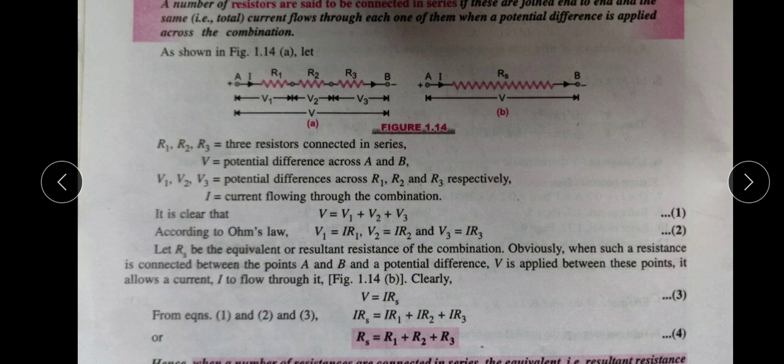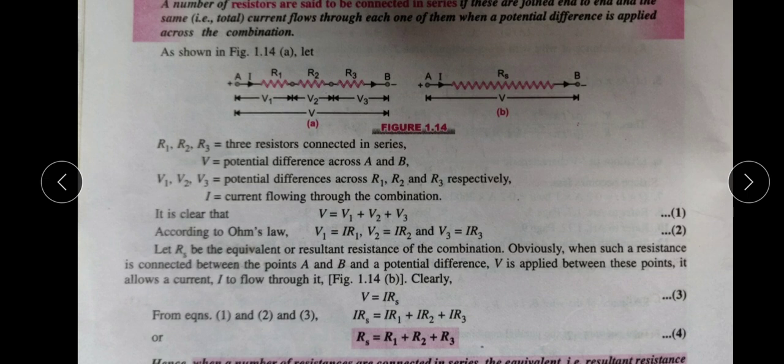V is equal to I into Rs, which means V is the total potential difference, I is the total current and Rs is the total resistance. So we can write according to Ohm's law, V is equal to I into Rs.